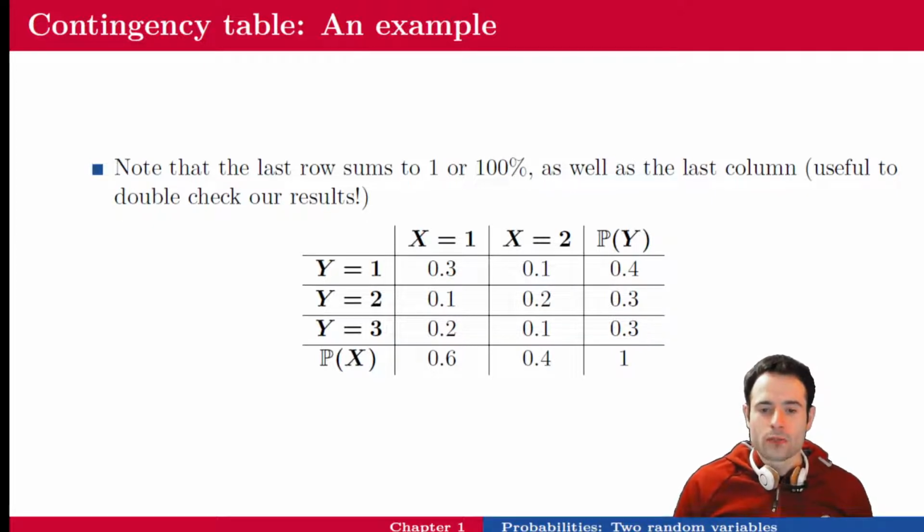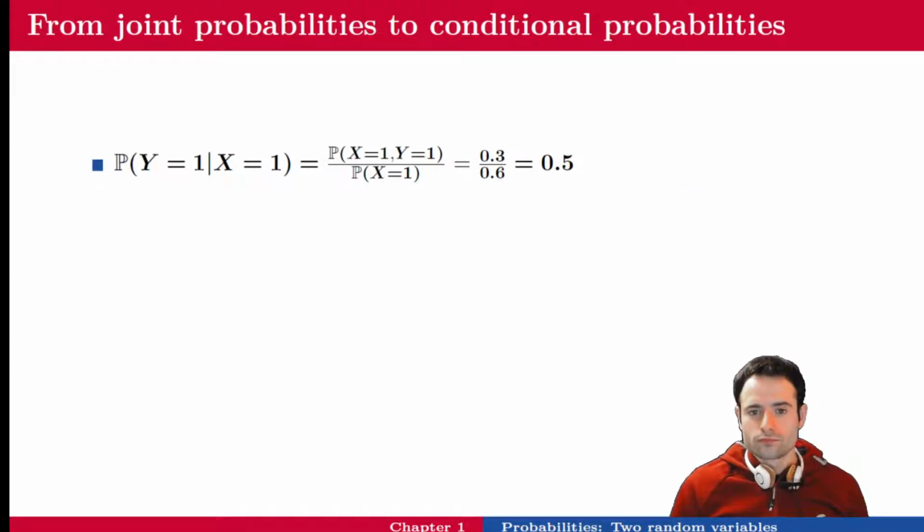Okay, now once the table is complete, we are going to get into the serious stuff. First, let's go from the joint probabilities to the conditional probabilities. I have the joint, I have the marginal, so if I want to compute the probability of y equal to 1 given x is equal to 1, remember at the top I put a comma, this is the joint, always, and at the bottom I put the same probability as the one that shows up inside the condition.